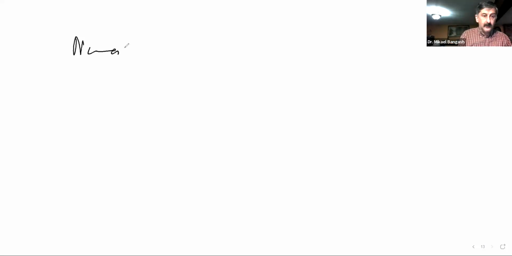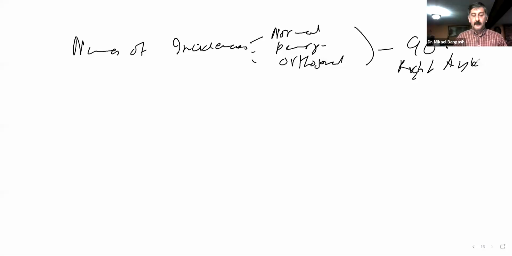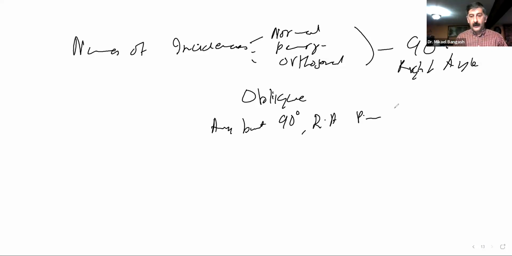These are all different names of incidences, where we say it was normal, also perpendicular, also orthogonal, because all these meant that we had a 90-degree or right angle incidence, whereas the one which is a mismatch is oblique, because oblique was anything but 90 degrees.